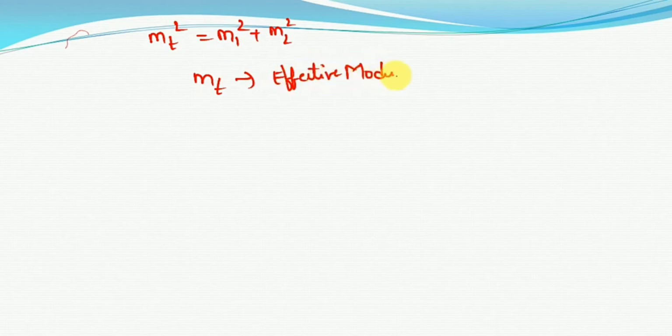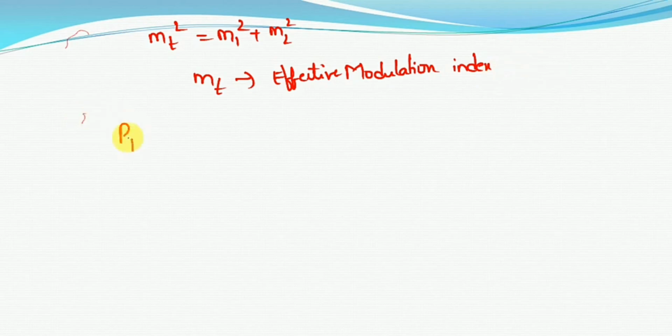So mt square is equal to m1 square plus m2 square. This mt is what we call the effective modulation index. The effective modulation index is defined as the square root of the sum of squares of individual modulation indices of the signal frequency components of the modulating signal.